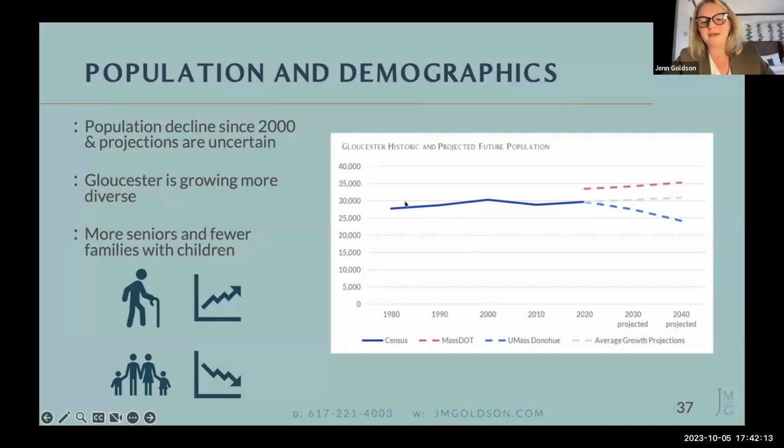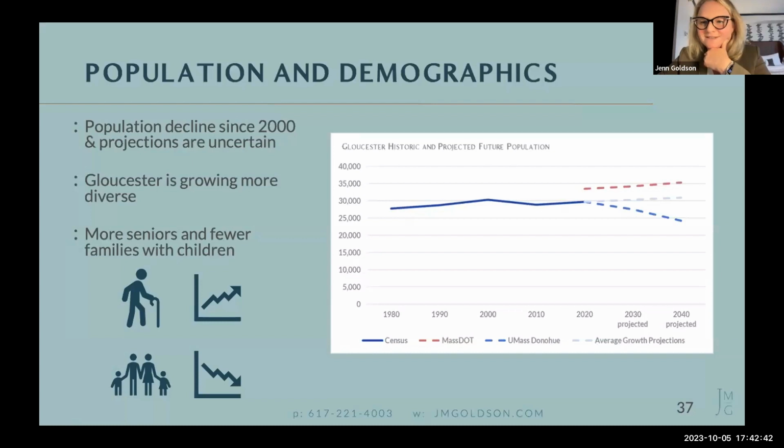But what we can look at is that sometimes we see communities with a very steep increase in certain years. That's not what we're seeing here. We're seeing a gradual increase and then a bit of a decline and then a gradual increase, not quite back up to 2000. But since your population declined almost 2%, it's interesting to look at how that compares to the region and the state.